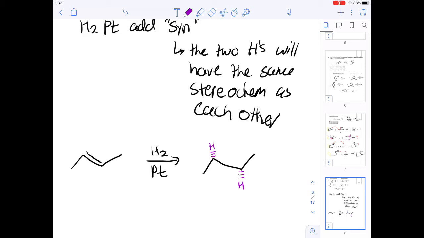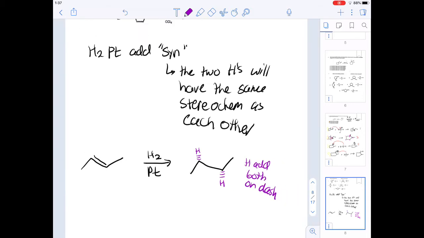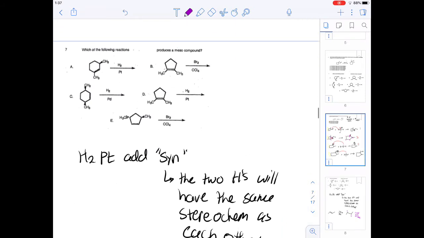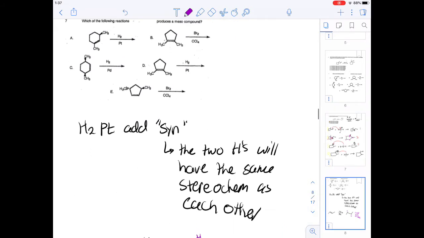So I would just keep that in mind when you do these. Make sure you make your H's add on both dashes. That's not like an established rule. It just seems to be a common theme in all the mechanisms that I've seen, even though he didn't ask you to learn the mechanism for it.